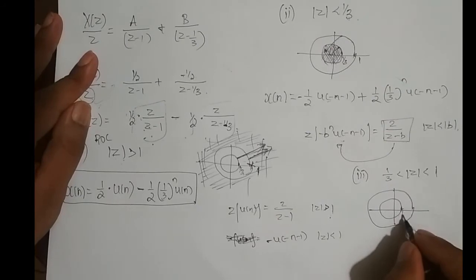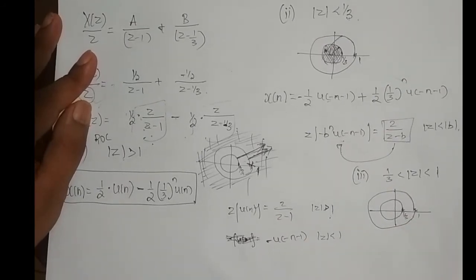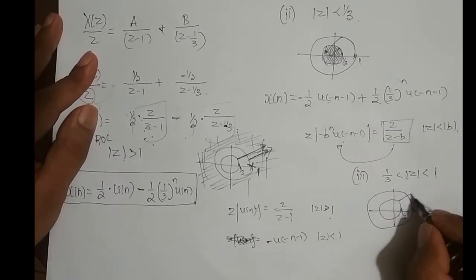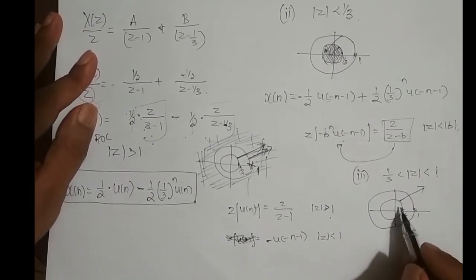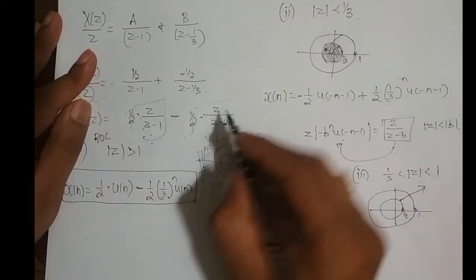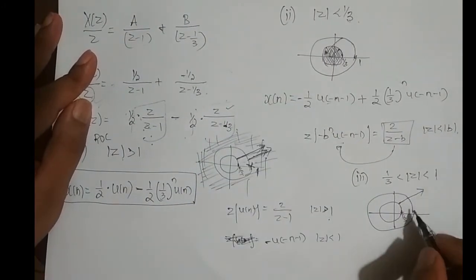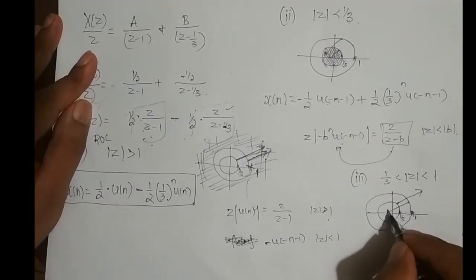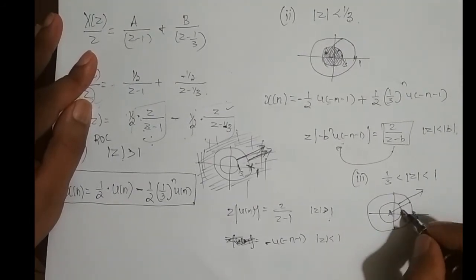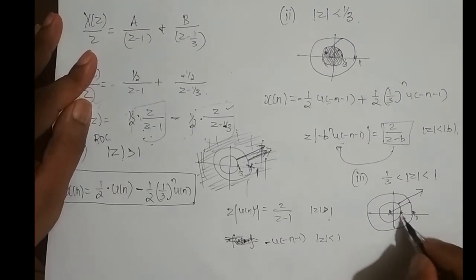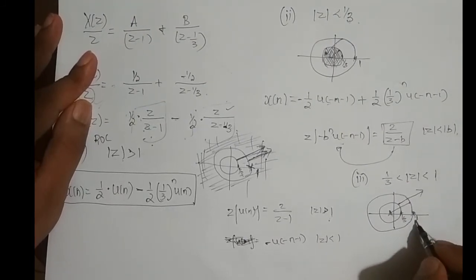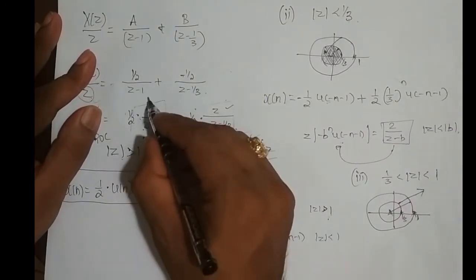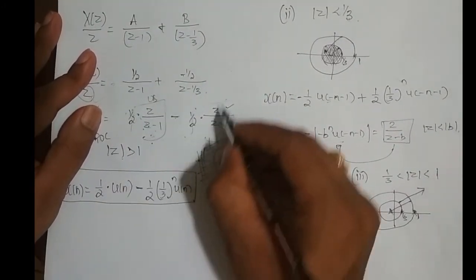This is the 1 by 3 pole and this is the pole at 1. So the 1 by 3 circle should be outside; in the sense, this sequence should be right-sided. The pole corresponding to 1 should be inside, so that the intersection will be in between 1 by 3 and 1. So this should be left-sided, and this should be right-sided.